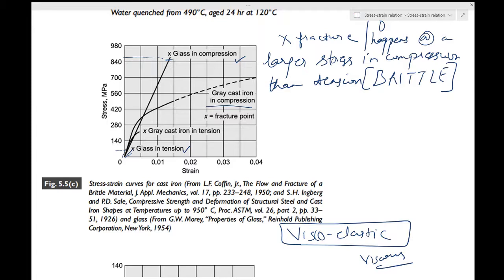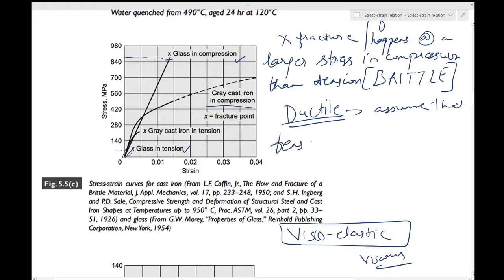So for a ductile material, assume that tension and compression behavior is the same. You can just assume that they follow the same graph.